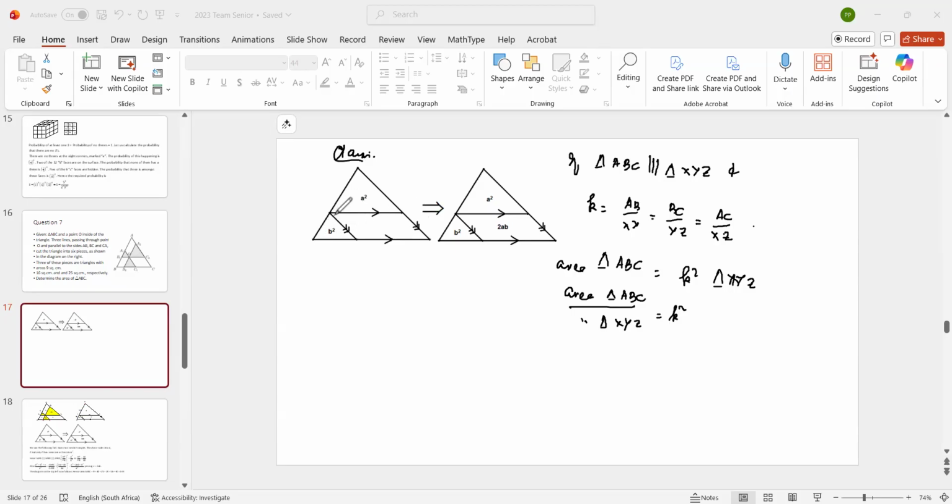You can check it out. So the area of this triangle over this triangle is k squared. So it's b over a now, you see. Your k in this case is b over a.